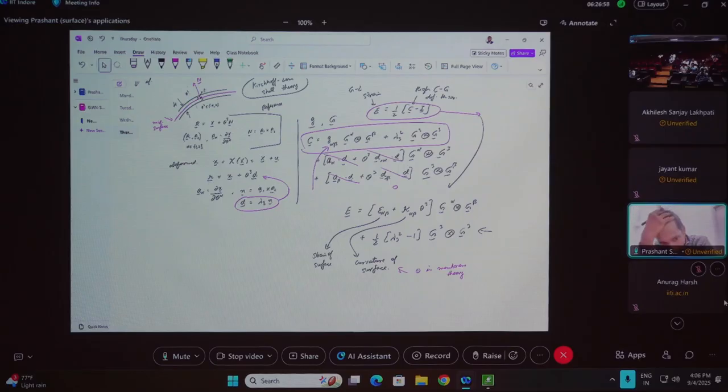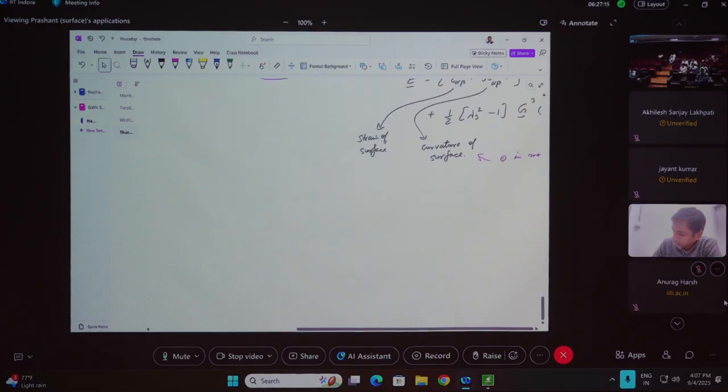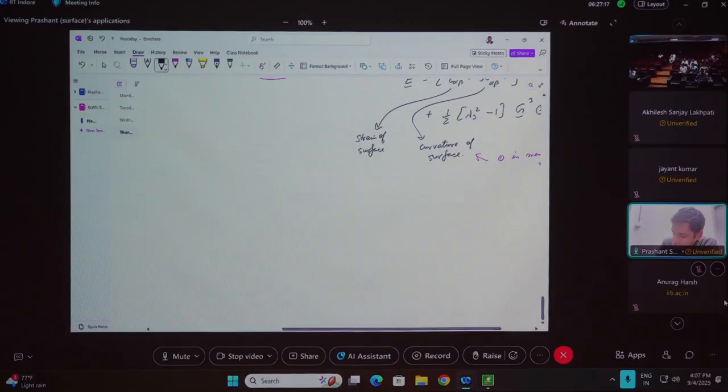So I'm not going into the detail of the finite element method framework, but the general idea is that you need to write down something like this. If you were to do a computational implementation, you would say, okay, some internal energy minus some external energy equal to 0, some delta of that. So this would be a virtual work principle.